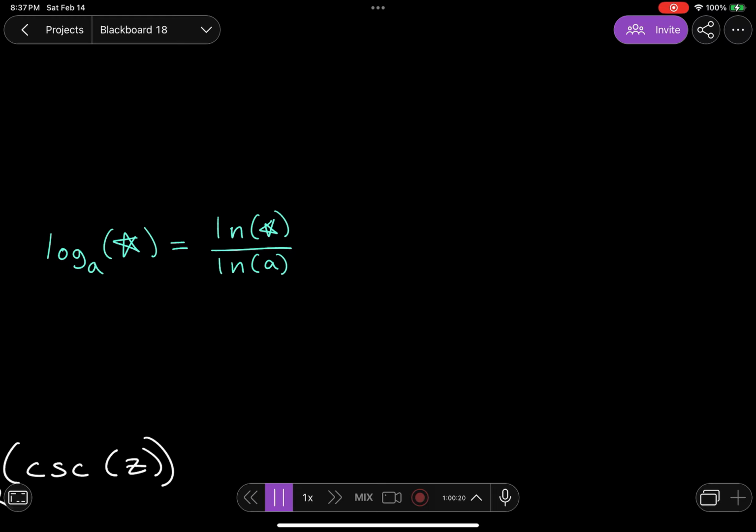The natural log of... no. Oh, shoot, there's definitely some sort of... how about this?